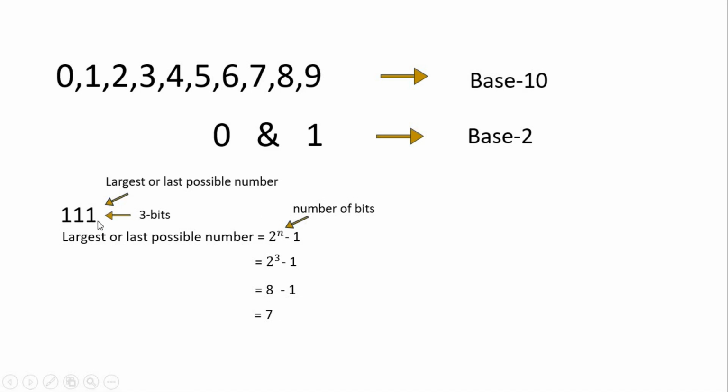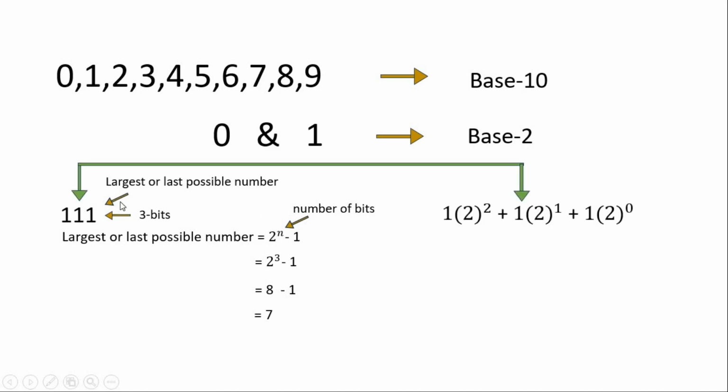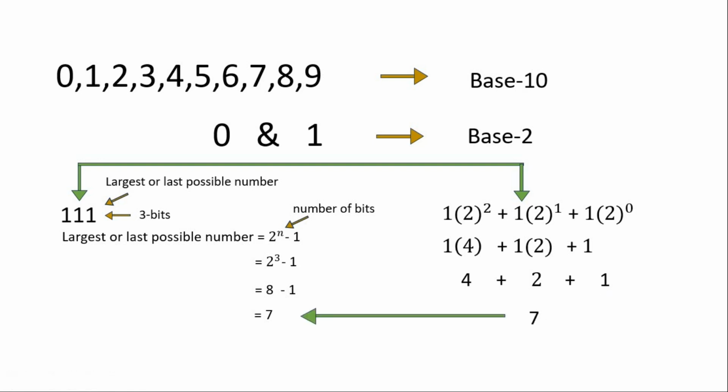Therefore, if we write it in powers of 2 as we wrote the decimal number in powers of ten, then 111 will become 1 into 2 to the power 2 plus 1 into 2 to the power 1 plus 1 into 2 to the power 0, which becomes 1 into 4 plus 1 into 2 plus 1, which equals 4 plus 2 plus 1 equals 7, which is the largest possible number using 3 bits, as we just calculated before.